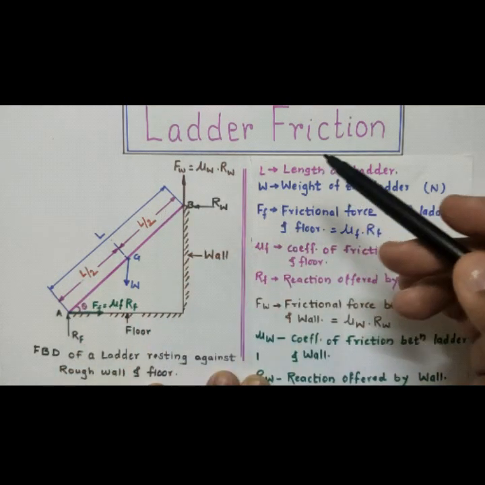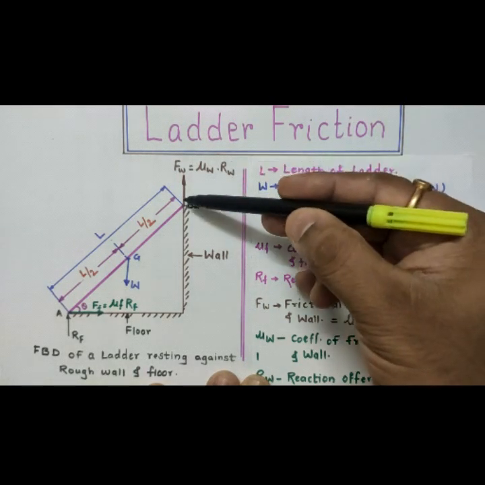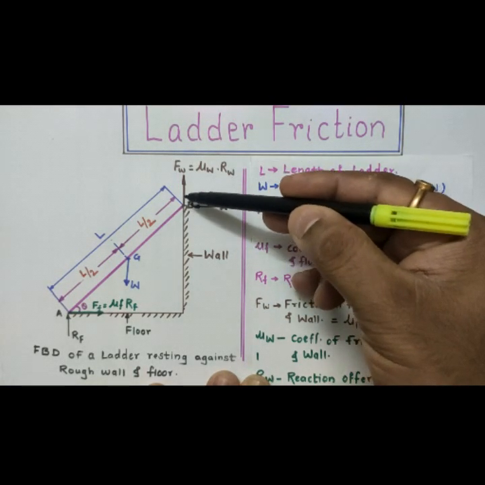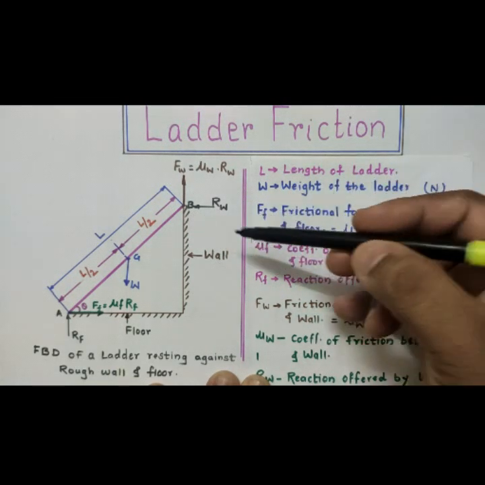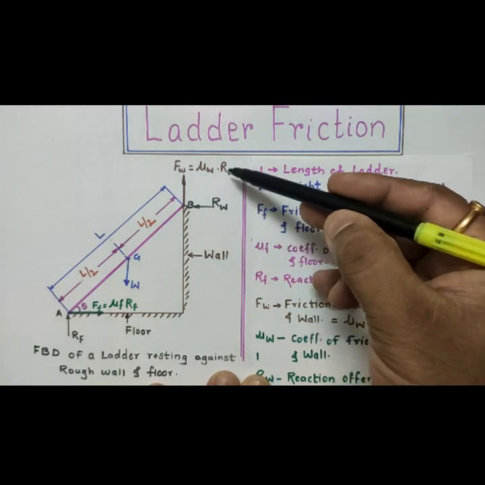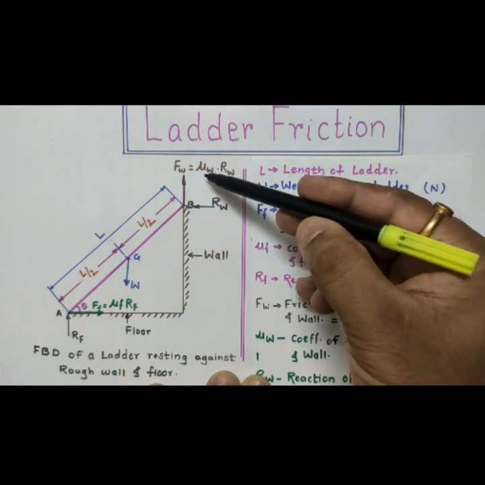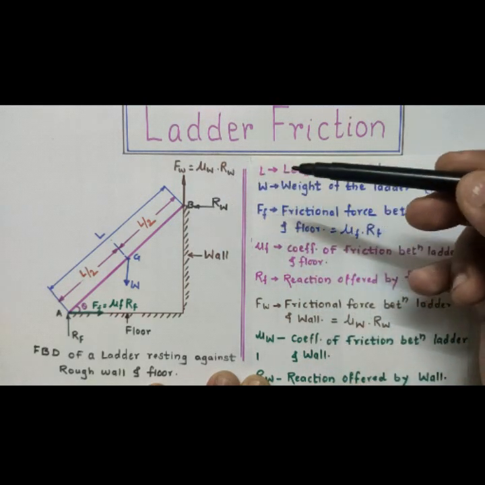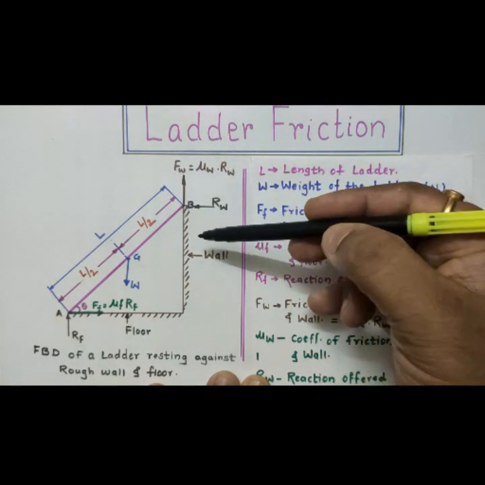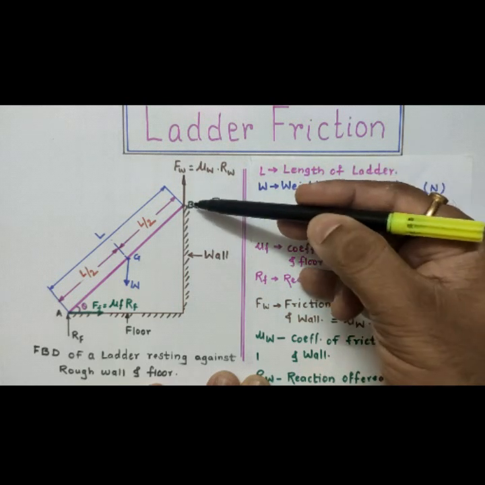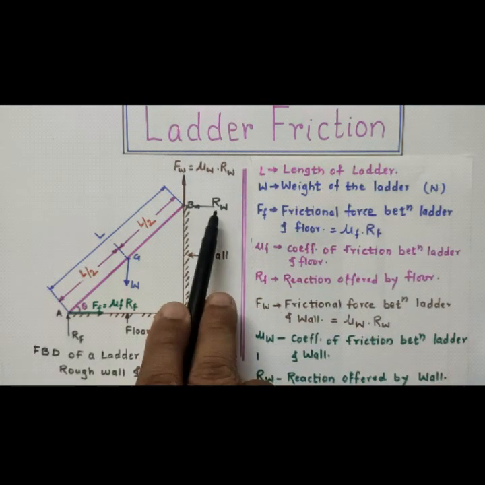Fw is the frictional force between the ladder and the wall surface, which is equal to mu W into Rw. So mu W is the coefficient of friction between the ladder and the wall, and Rw is the reaction offered by the wall.